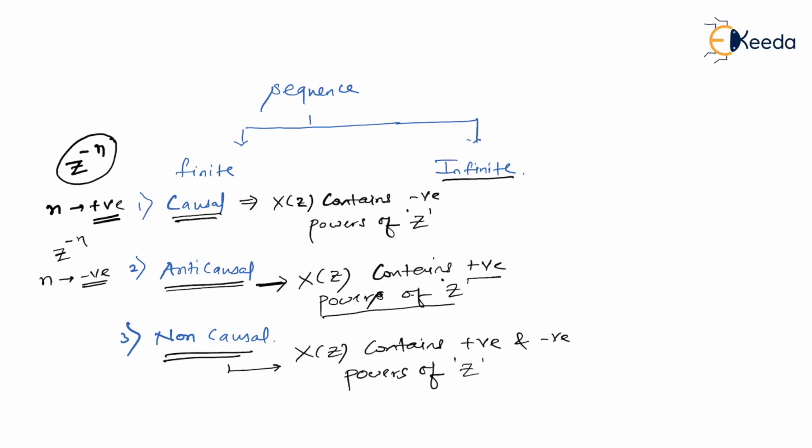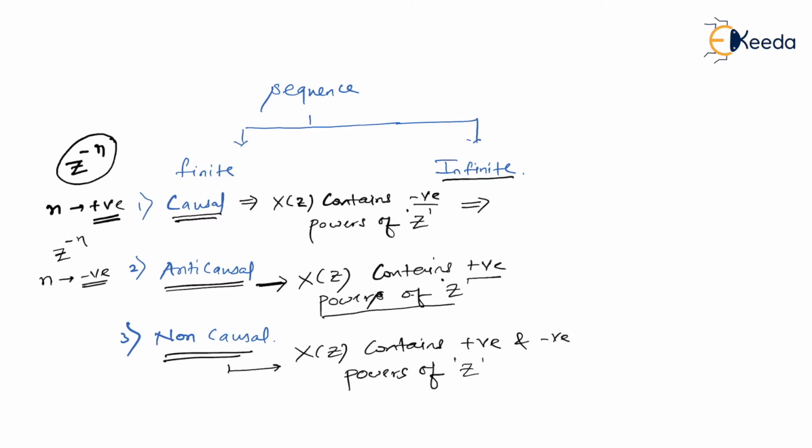At right-hand side, n values are positive, then z to the power minus n makes negative powers of z. Whereas it has some sequence present at left-hand side also, that is for negative values of n. Then z to the power minus n makes positive powers of z. So non-causal sequence has positive powers of z as well as negative powers of z.